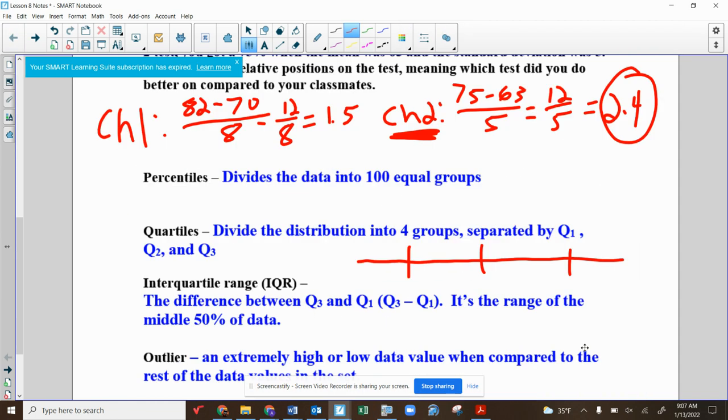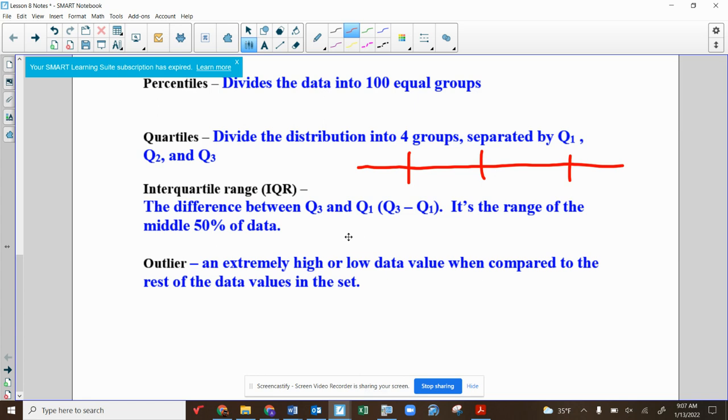Okay, then we are going to do something that is called an outlier. To do an outlier, we're going to use an interquartile range, which is establishing the middle 50% of data. It's kind of like, when you have a list of things, it's all the stuff in the middle, which is what most things in like money and stuff like that is. So interquartile range is very simply taking Q3 and Q1 and subtracting them.